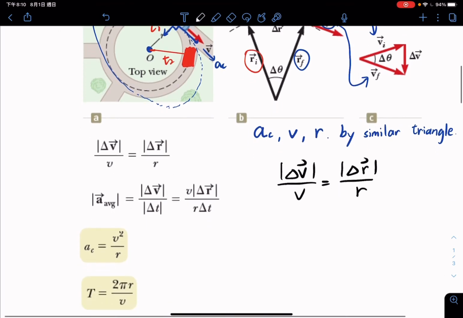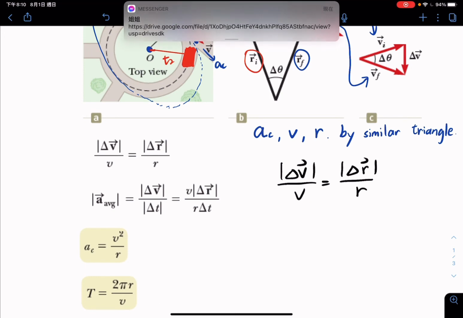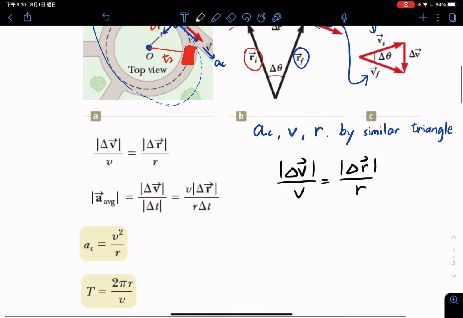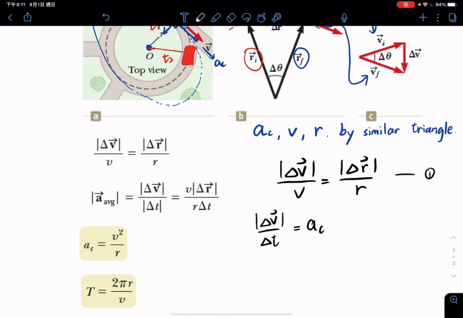Then if we want to get the centripetal acceleration, which is delta v over t, we can get it from equation 1 here, which is equal to v delta r over delta t.